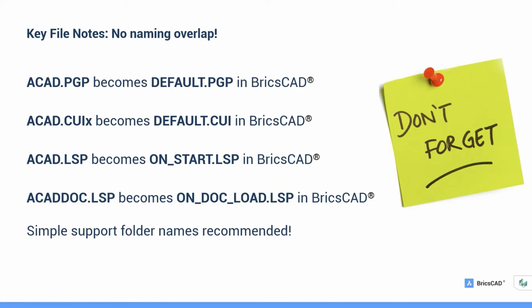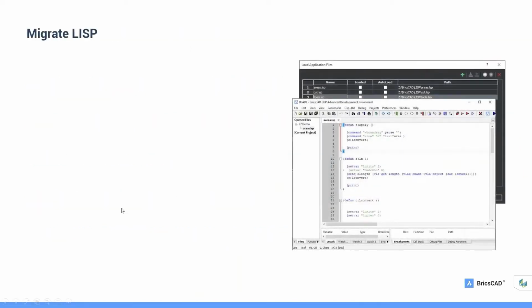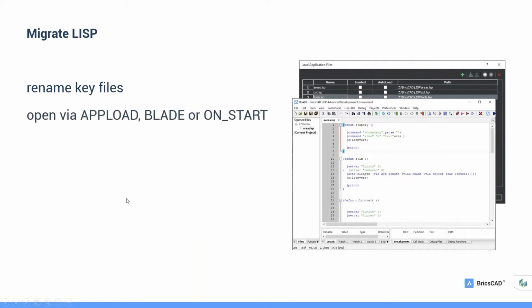By renaming away from that standard, we not only get no file collisions, but we sidestep that problem as well. So those are some of the reasons why we have a few default file names. When we migrate the Lisp, we're going to have to do a rename. I want to show you how you can load and look and examine your code.